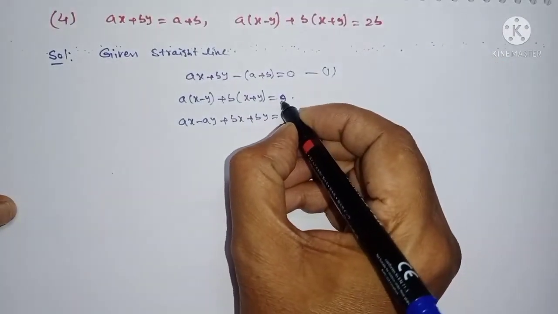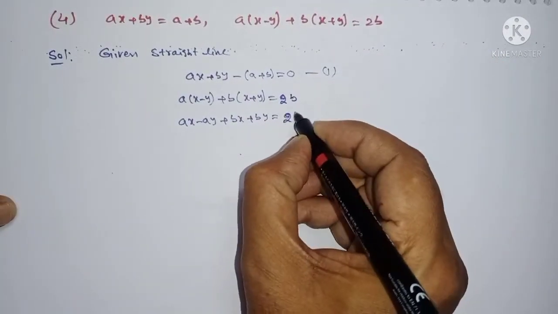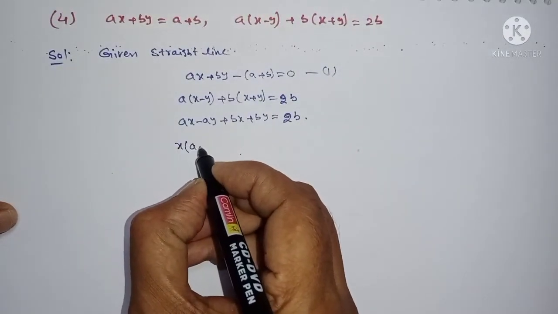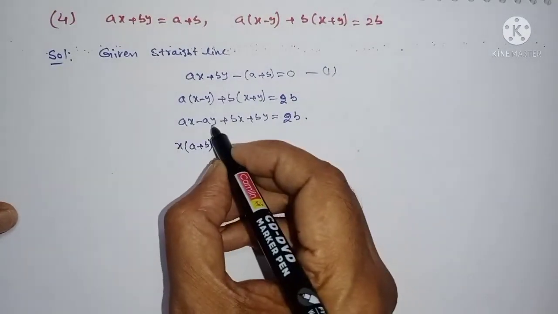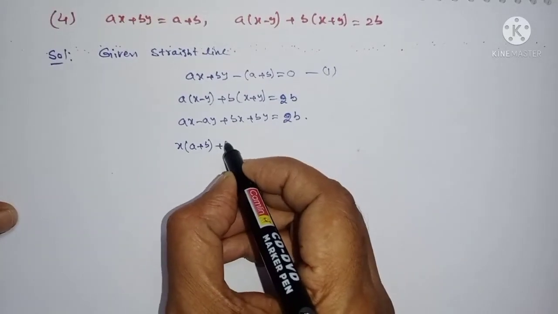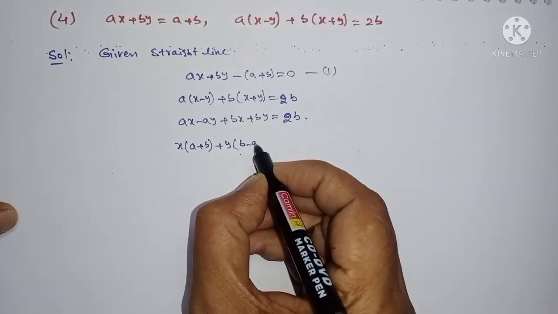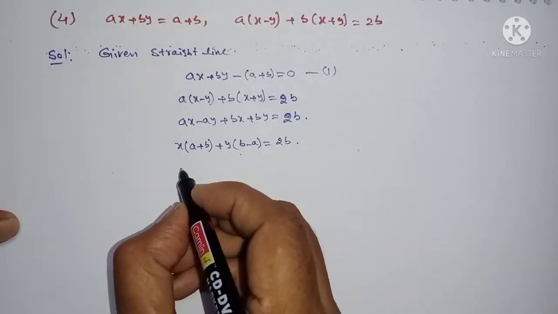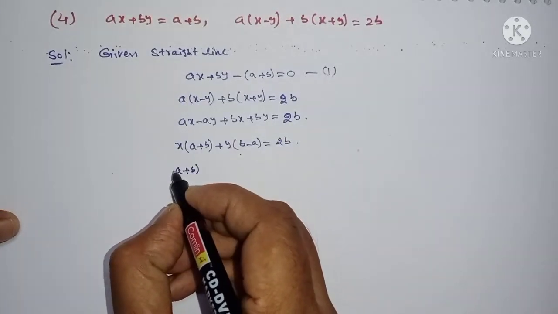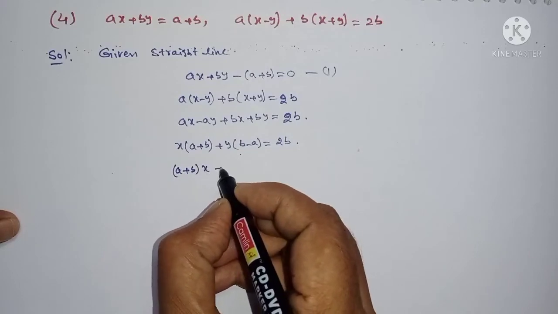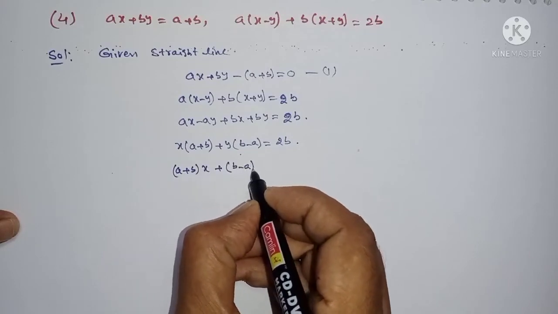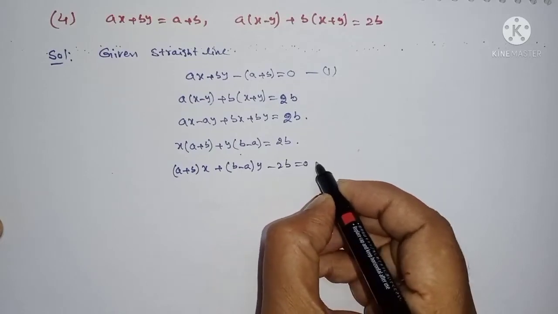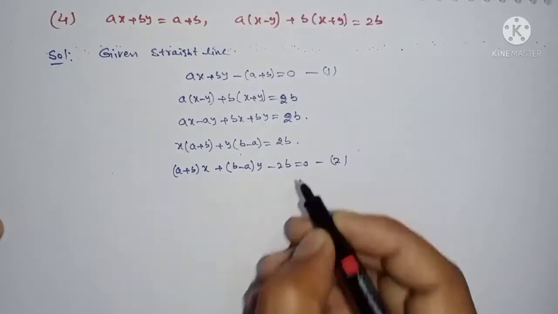Therefore I can write x of (a + b), and in these terms you can take y common, so I can write (b - a). So you can write (a + b)x + (b - a)y - 2b = 0. This is the standard form.